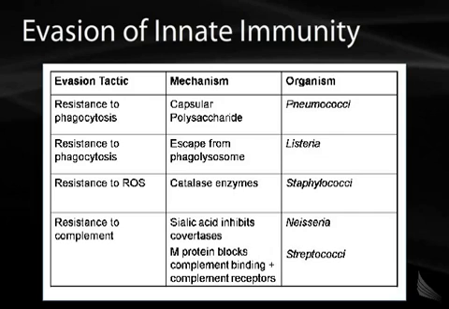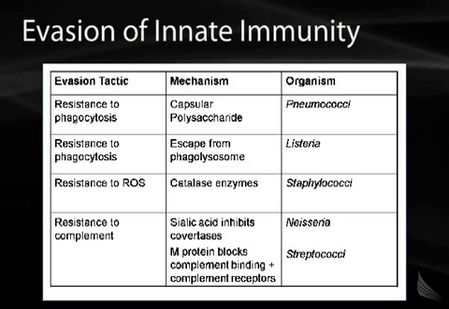Another way that they can resist phagocytosis is to escape from the phagolysosome. They can be engulfed into the phagocyte and then escape into the cytoplasm, and Listeria is a classic example of this. Resistance to reactive oxygen species: we talked about this when we talked about CGD with staph, catalase enzymes that allow them to escape that part of the respiratory burst. And then resistance to complement.